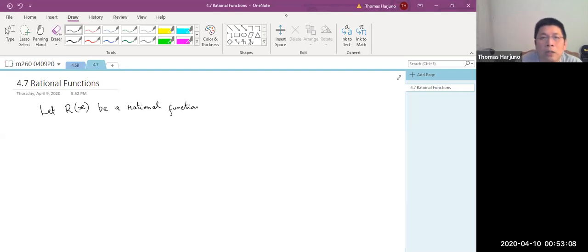Then R(x) will be the quotient of two polynomials. I will denote the polynomial on the numerator as P(x) and the polynomial on the denominator as Q(x). The numerator and denominator are both polynomials.